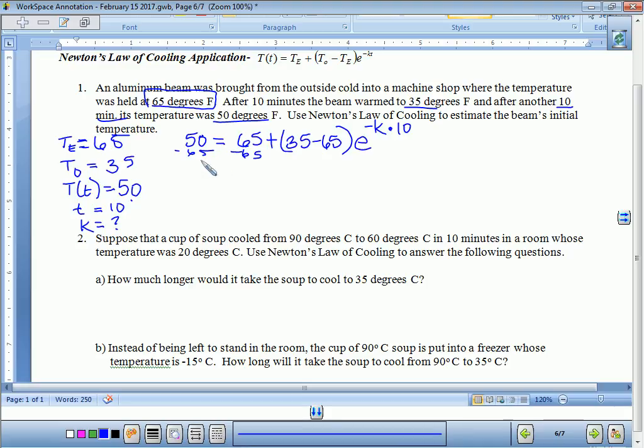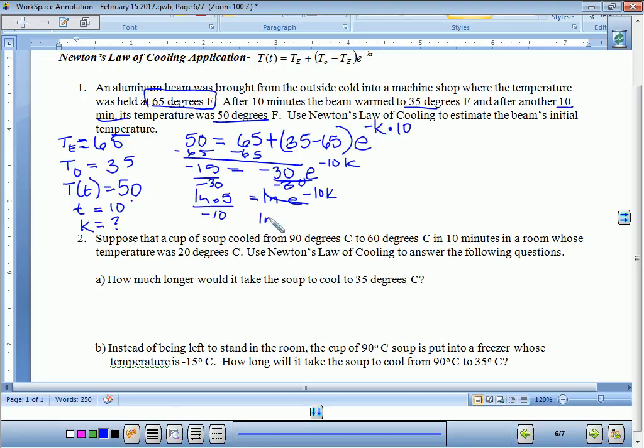You gotta make the 65, and we got negative 15 equals negative 30, that's the initial temperature, e to the negative 10K. Divide by negative 30, divide by negative 30. So 0.5 equals e to the negative 10K. ln goes away, divide by negative 10.